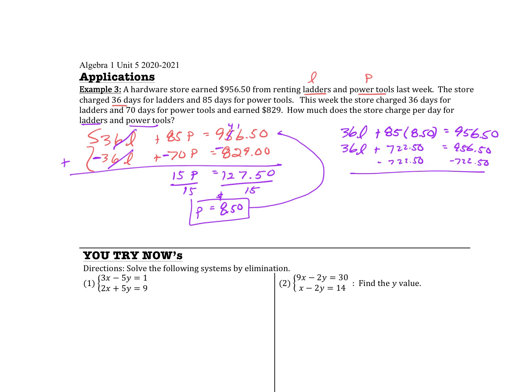Now I was in the process of subtracting that from both sides. Divided by 36. So now we're going to have 6.50. So $6.50 to rent the ladder, $8.50 to do the power tools.